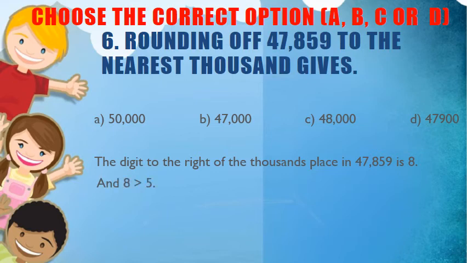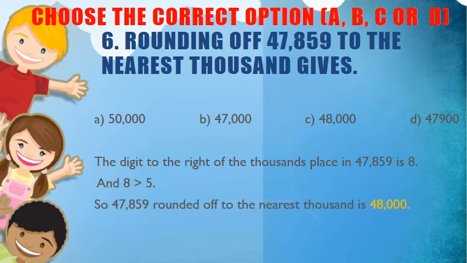We will add 1 to the digit at the thousands place. That is, we will add 1 to 7. So 7 plus 1 is equal to 8. And we will replace all the digits to the right of the thousand place by 0. And therefore, 47,859 rounded off to the nearest thousand is 48,000. So our correct option is C.